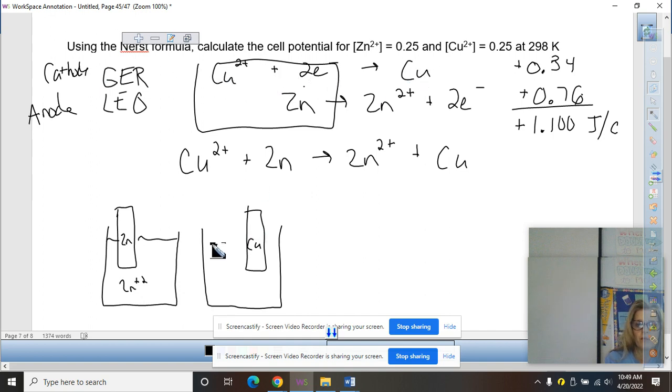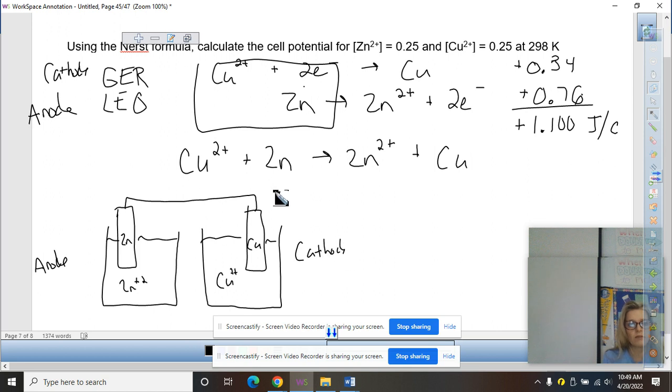So we have copper metal at the cathode, and our copper ions in solution. This is just a little bit of a review of voltaic cells. Our flow is from the anode over to the cathode. That's always the direction, anode to cathode.